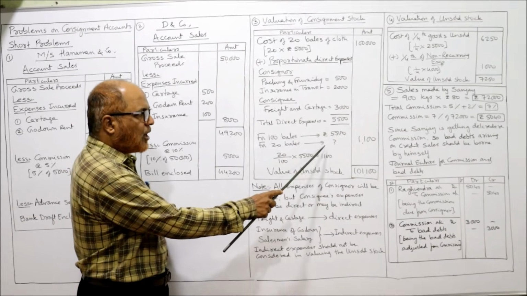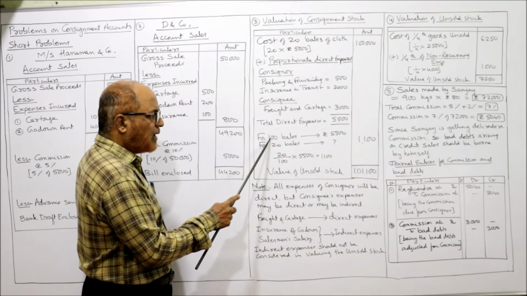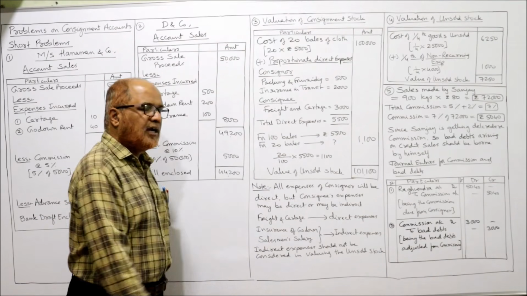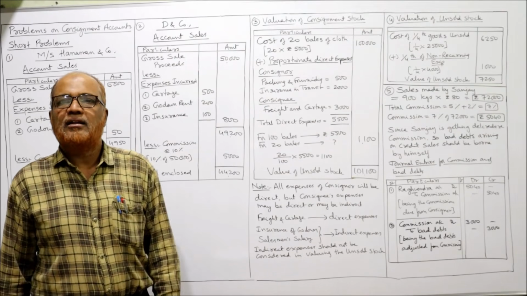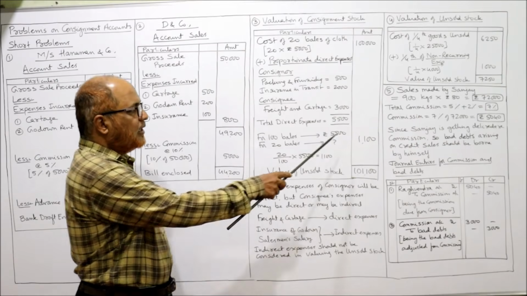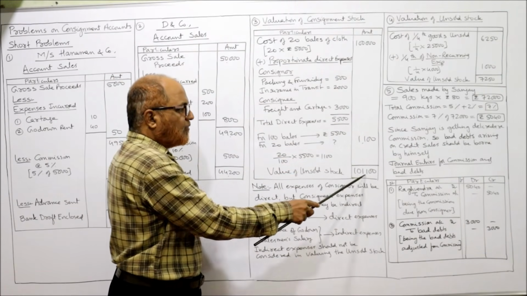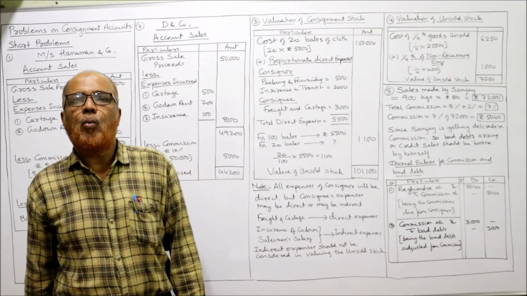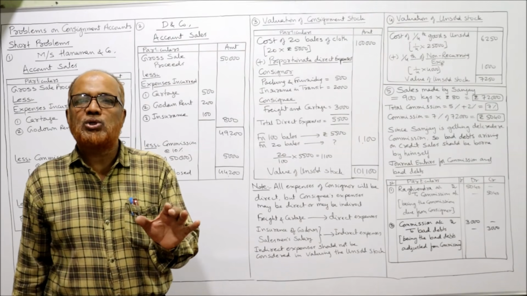For 20 bales, how much? So 20 divided by 100 into 5,500, it comes to 1100. This is the proportionate direct expense. So here take 1100, add up, 1,01,100 is the value of unsold stock.